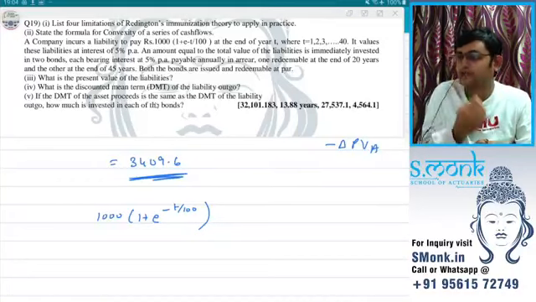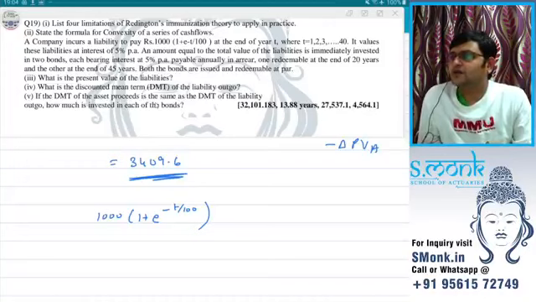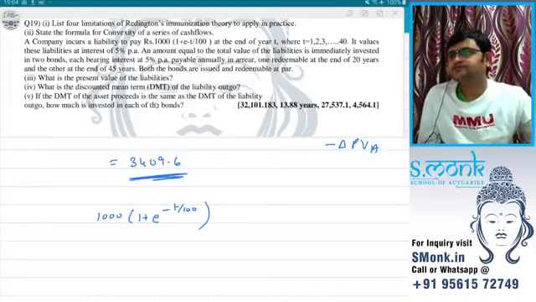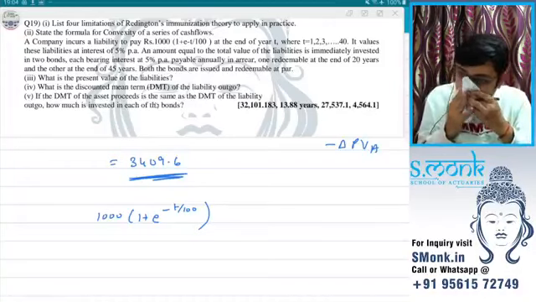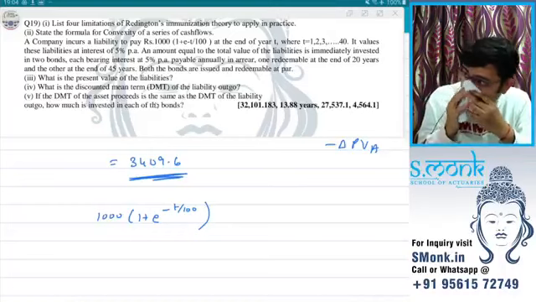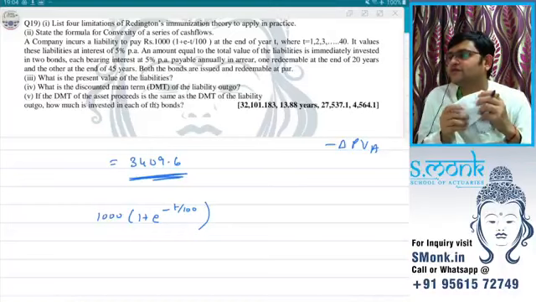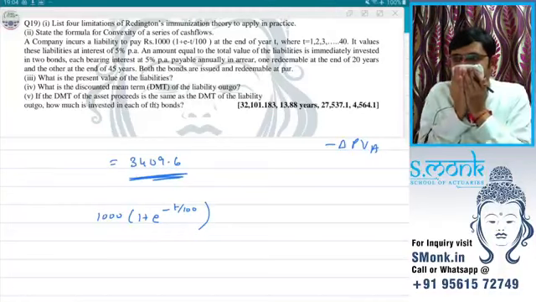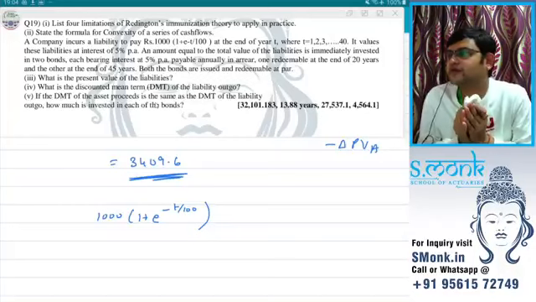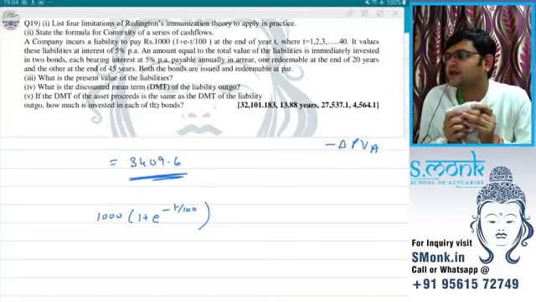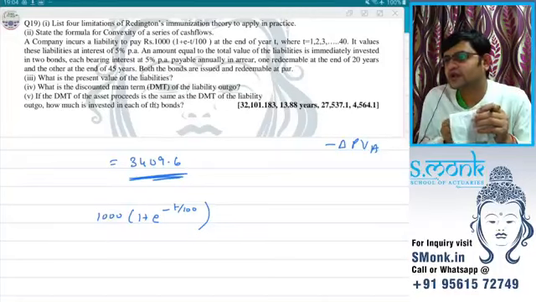The amount equal to the total value of the liability is immediately invested in two bonds, each bearing interest at 5% per annum, payable annually in arrears. One redeeming at the end of 20 years, the other at the end of 45 years. Both the bonds are issued and redeemable at par. What is the present value of the liabilities?